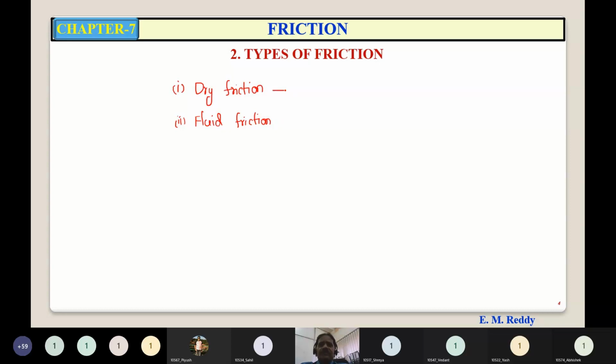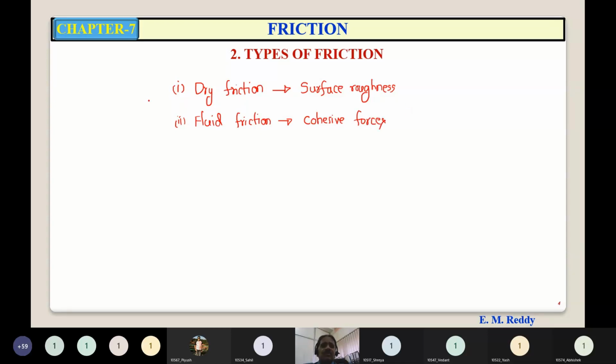Dry friction is mainly because of the surface roughness, because of the surface irregularities, whereas fluid friction is mainly because of the cohesive forces or the intermolecular forces between the particles of the fluid, right?